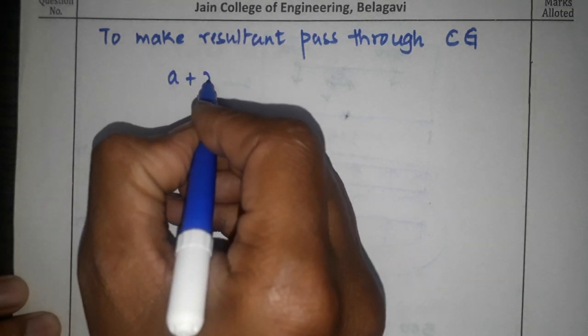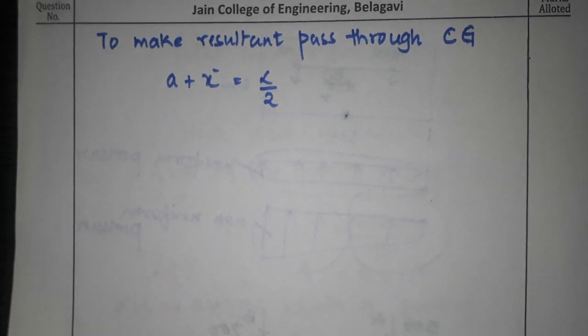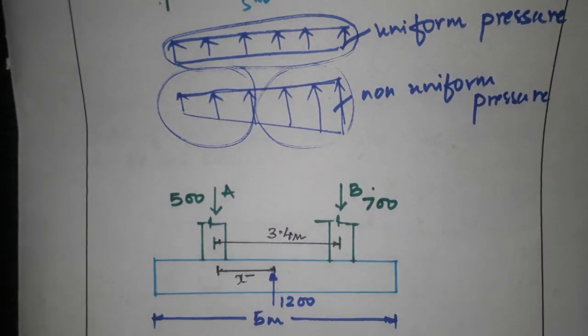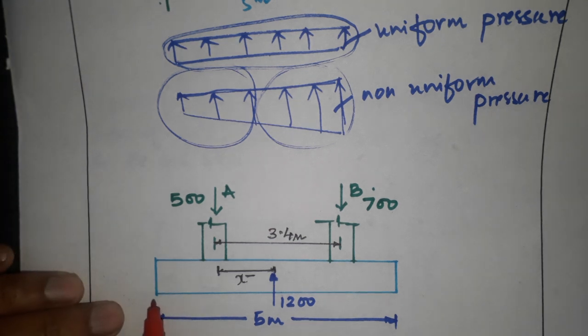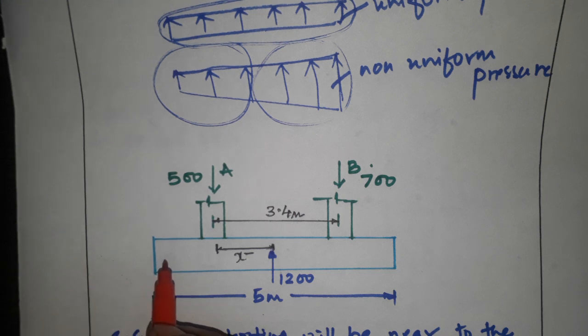A plus x bar should be equal to L by 2. What I am trying to explain is that we have to match both the CGs. So in that case, this distance is A, the offset from column A, so we'll assume this is equal to A.